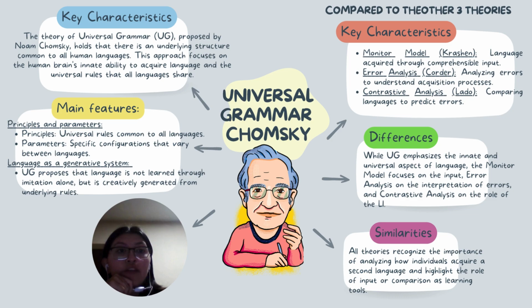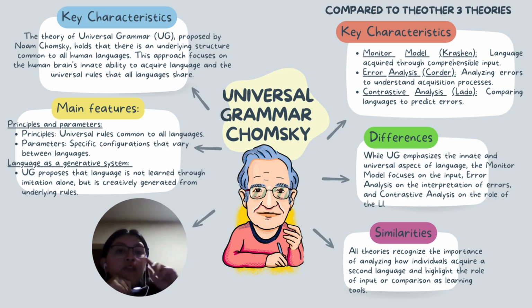And also he said there are universal principles shared by all languages, and each language sets its own special rules. This explains how children can learn complex systems so quickly, even with limited input.